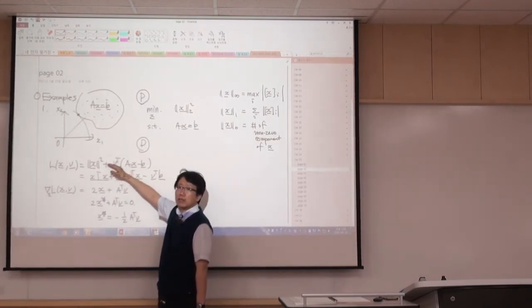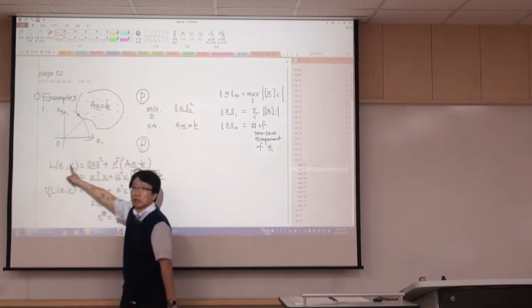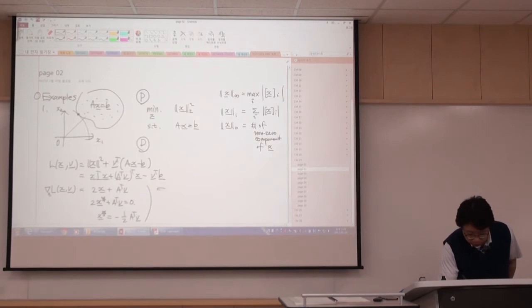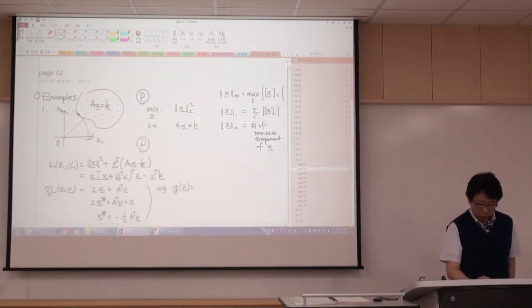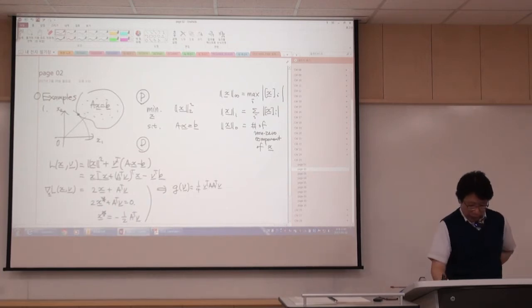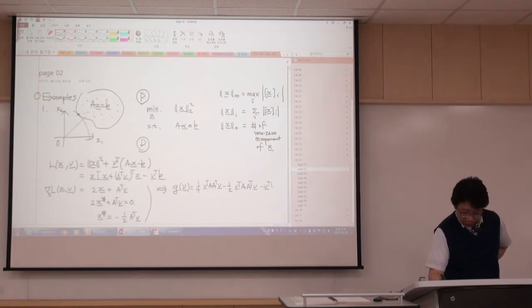We want to find g of nu, right? So what is our g of nu? If we plug in, the first term becomes 1/4 nu transpose A A transpose nu, and the second term becomes minus 1/2, the same thing. Am I right? And minus nu transpose b.